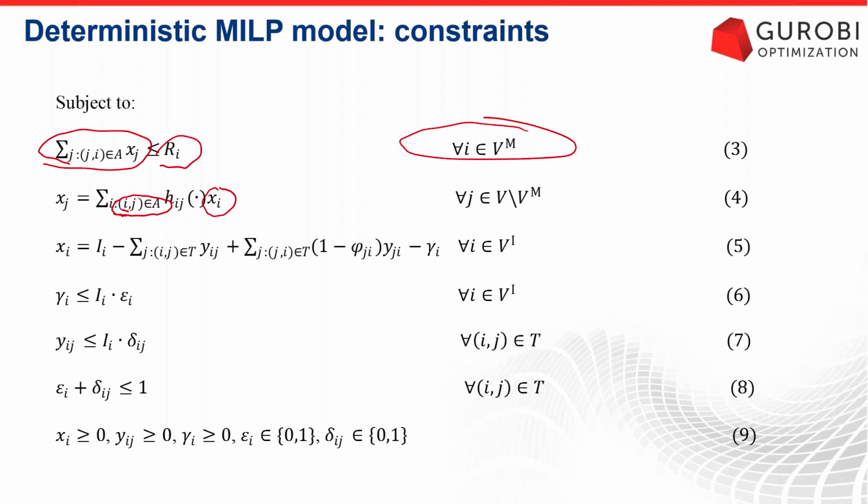So we consider the demand of j's predecessor X_i multiplied by the multiplier between i and j and sum over j's predecessors. Constraint 5 computes the headcounts of FTE as inputs to the service delivery process.